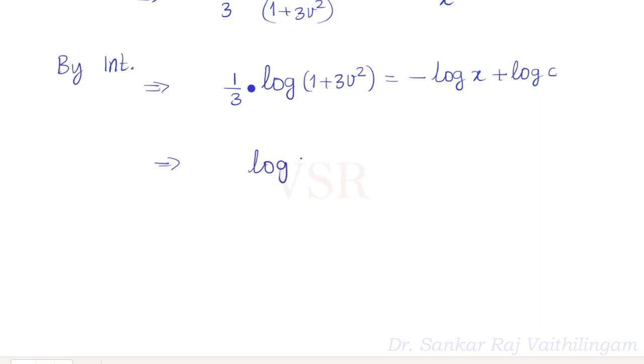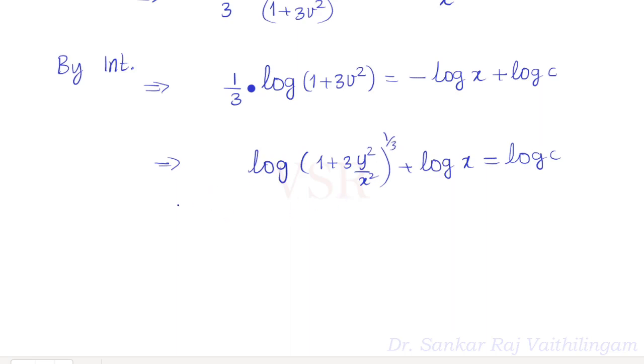I may have this is (1 plus 3v க்கு பதிலா I may write this is y square by x square) into plus log x which is equal to log c. அப்போ இந்த 1/3 வந்து மேலே வந்துடும். கரெக்டா லாக்ல வந்து வரும்போது we'll have this is nothing.